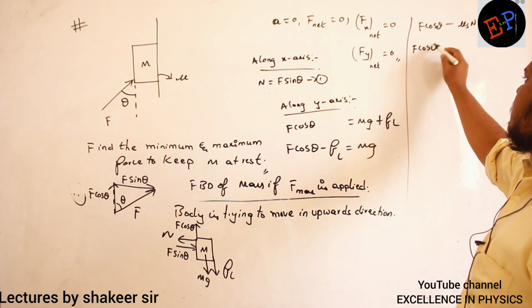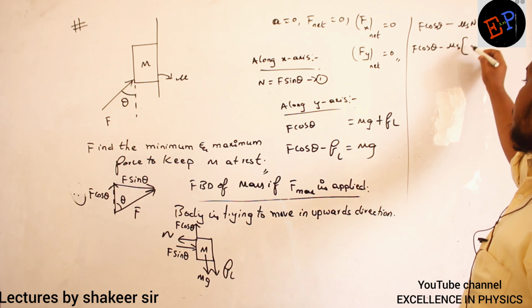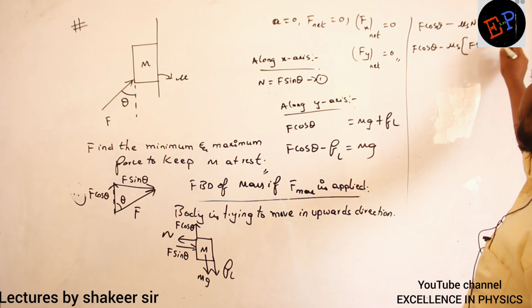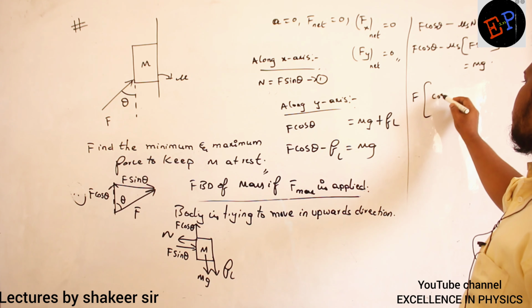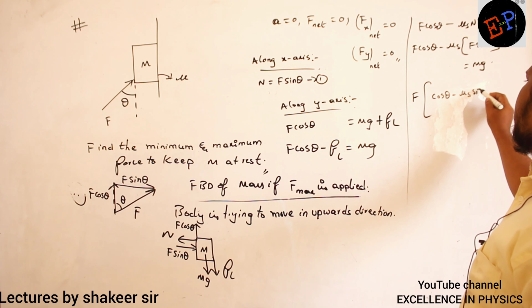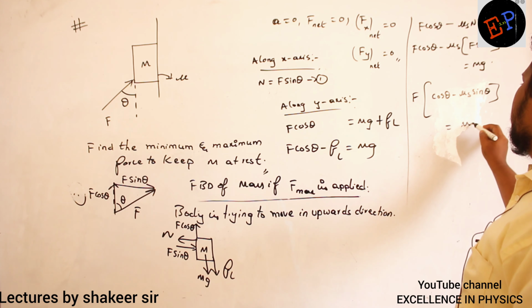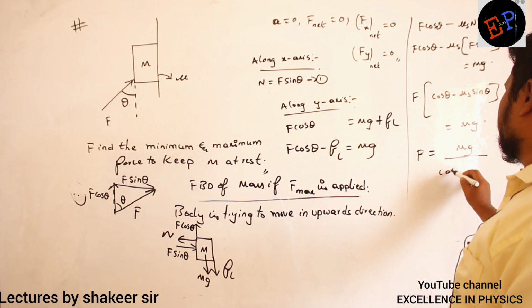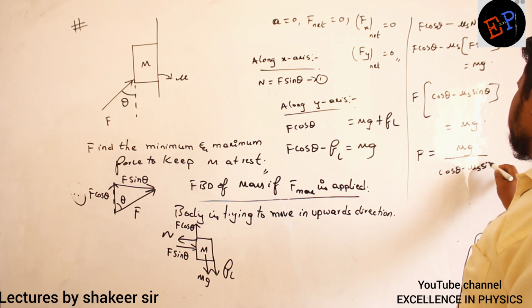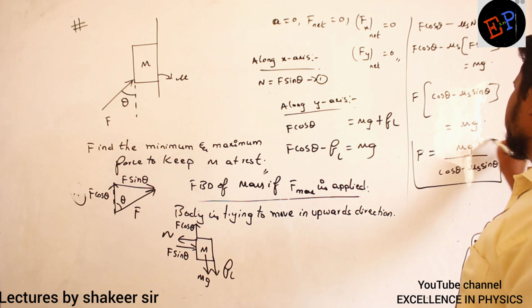So F cos theta minus mu s into normal reaction, which is F sin theta, is equal to capital Mg. Clear now? So F, if I take common, cos theta minus mu s sin theta is equal to capital Mg. So therefore F is equal to Mg divided by cos theta minus mu s sin theta. So this is my answer.